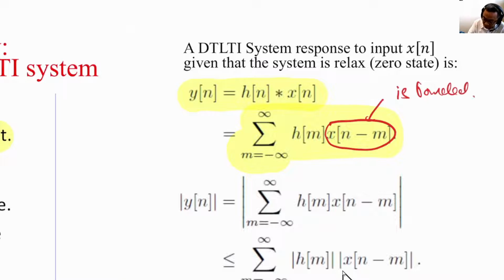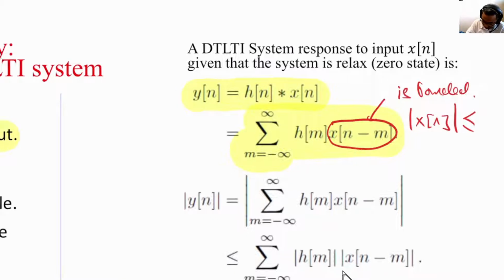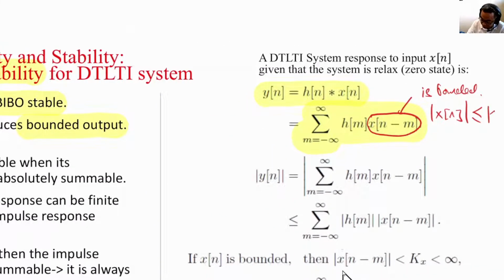That means the magnitude of x of n is always less than or equal to some big value k. And we want to see whether y of n is also bounded. That means it will reach some value, but it will never exceed the value ky.